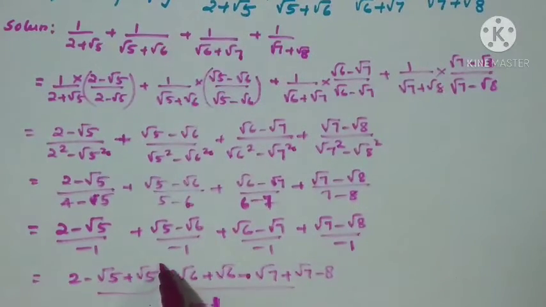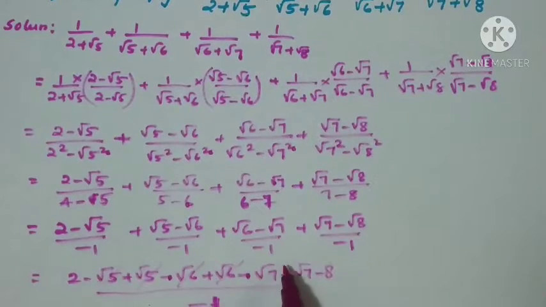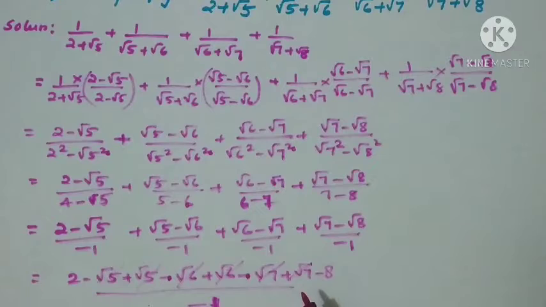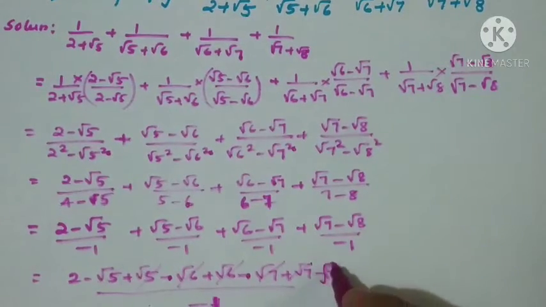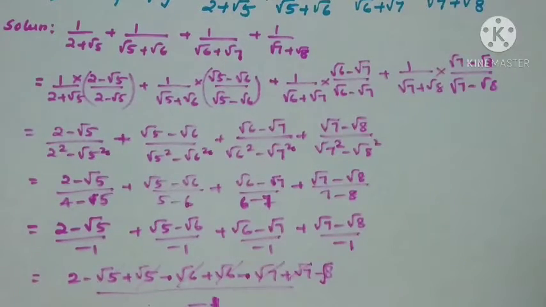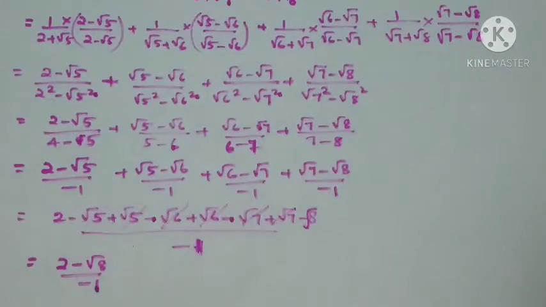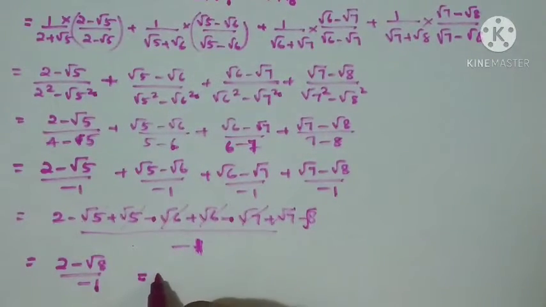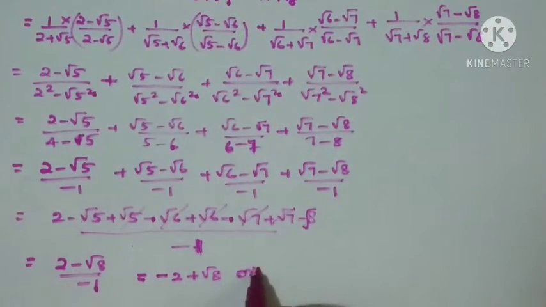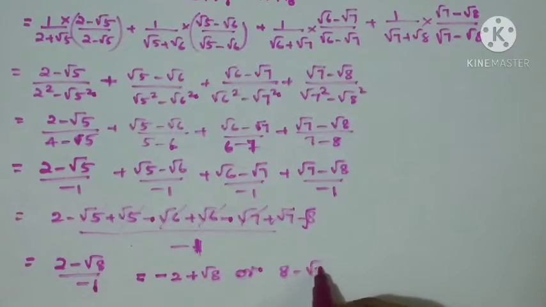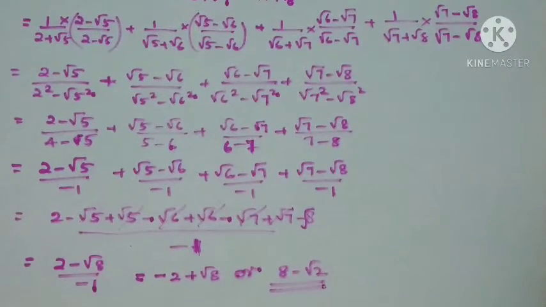So minus root 5 plus root 5, minus root 6 plus root 6, minus root 7 plus root 7 will get cancelled. So here root 8 is there. So what is the next step? 2 minus root 8 by minus 1, or we can say minus 2 plus root 8, or root 8 minus 2 is the answer.